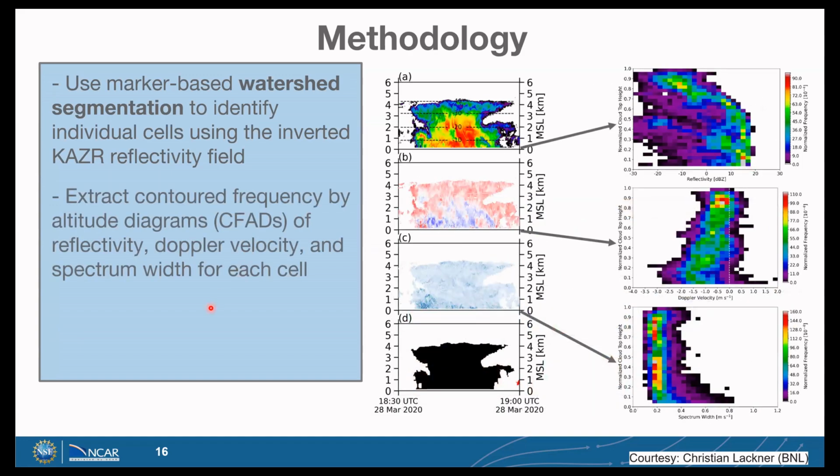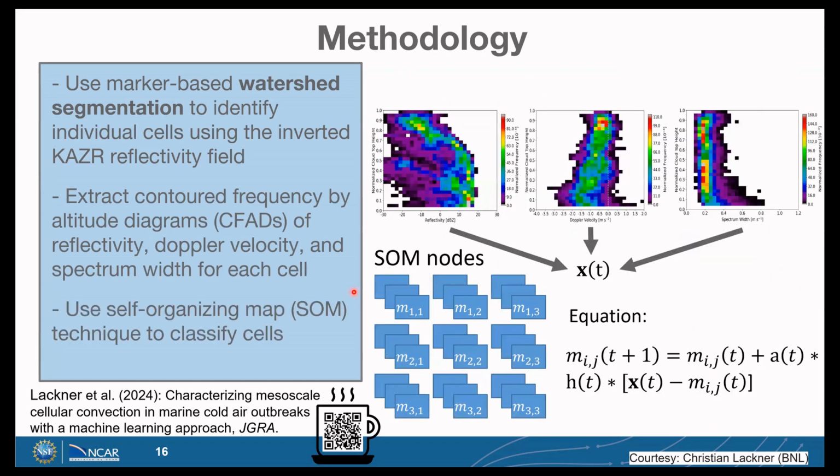Then for each of those cells, he extracted the CFAD, or contoured frequency by altitude diagram, of reflectivity, Doppler velocity, and spectral width. And then he plugged those into a self-organizing map, where you give your three CFADs to the algorithm.